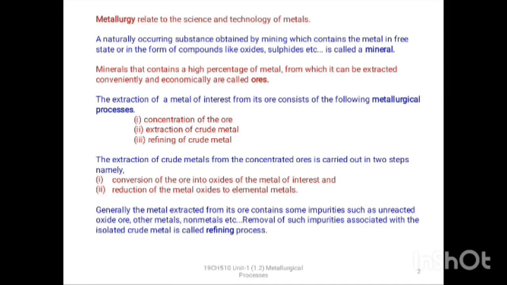The extraction of crude metal from the concentrated ore is carried out in two steps, namely conversion of the ore into oxides of the metal of interest and reduction of the metal oxides to elemental metals.